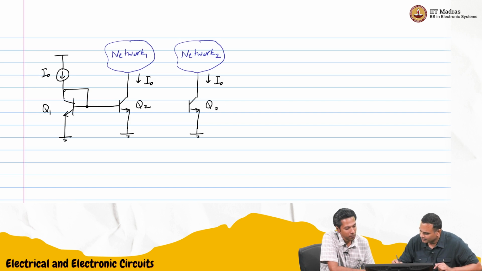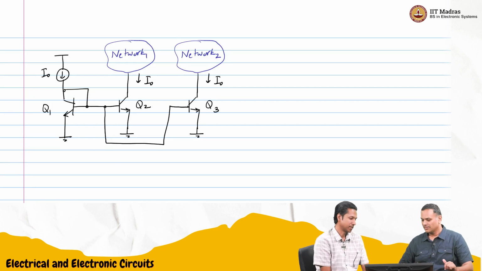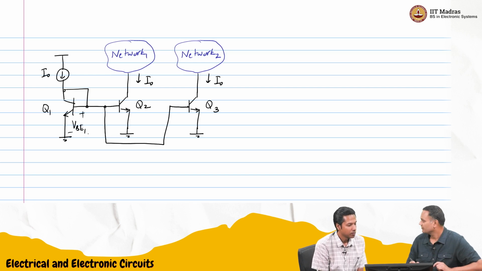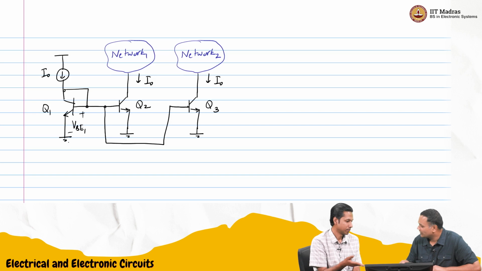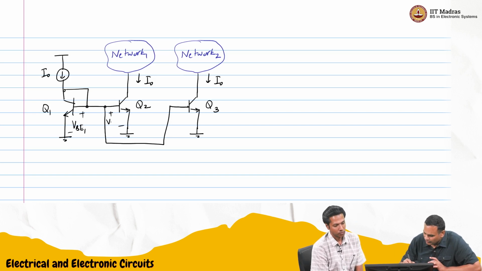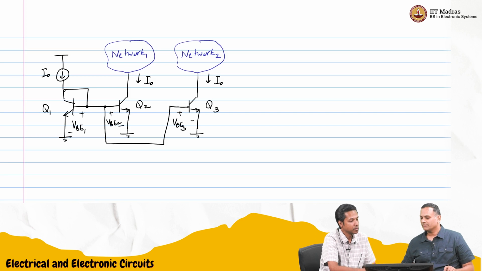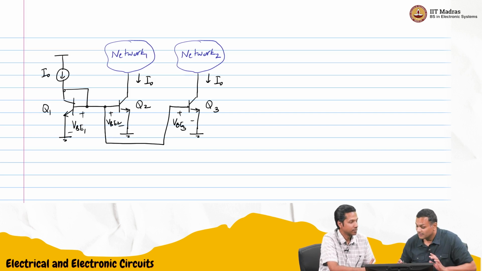And now all I need to do is take this and give it to the base of Q3 as well. So this is your VB1, emitters are all grounded, the bases are all connected together. So that will be equal to VB2 and that will be equal to VB3. In fact, now you can extend this. So this is one possibility.